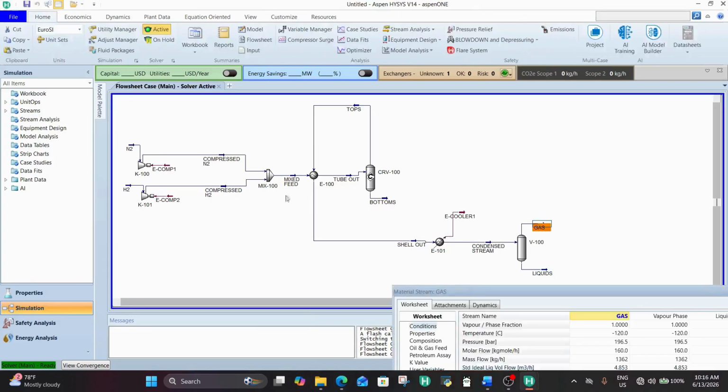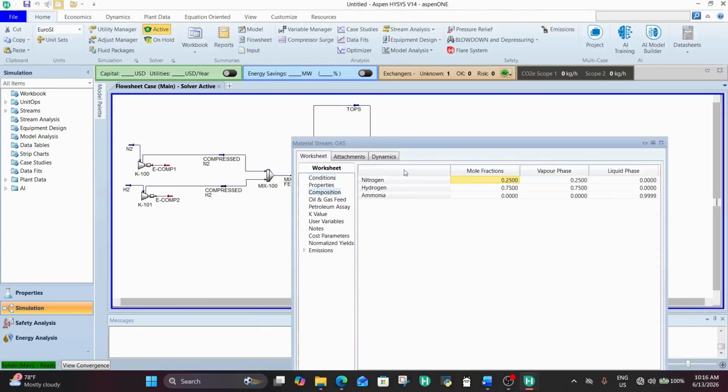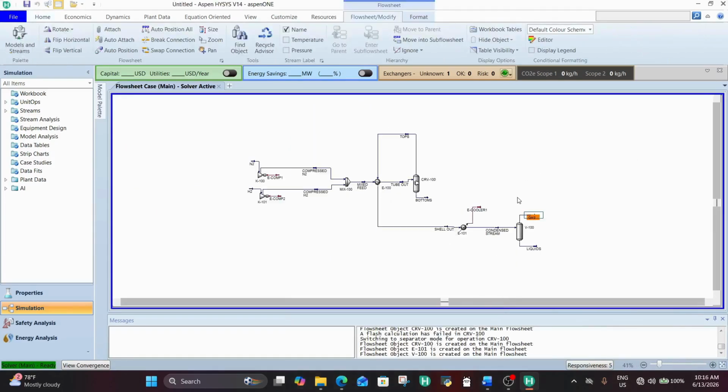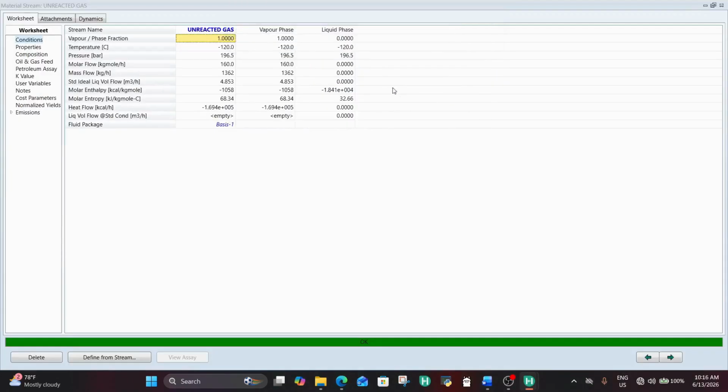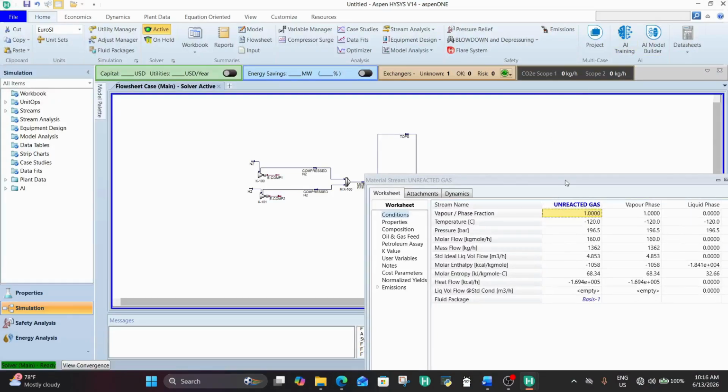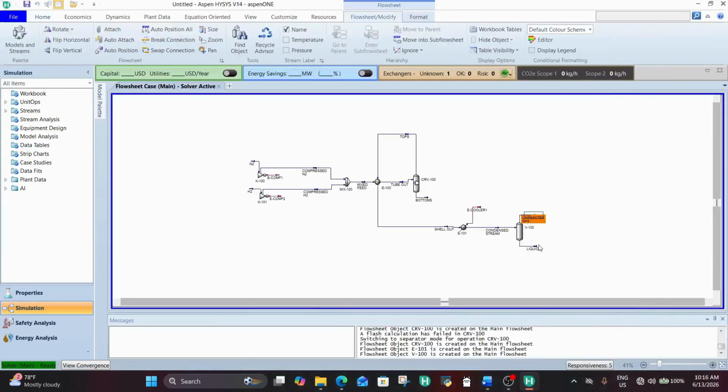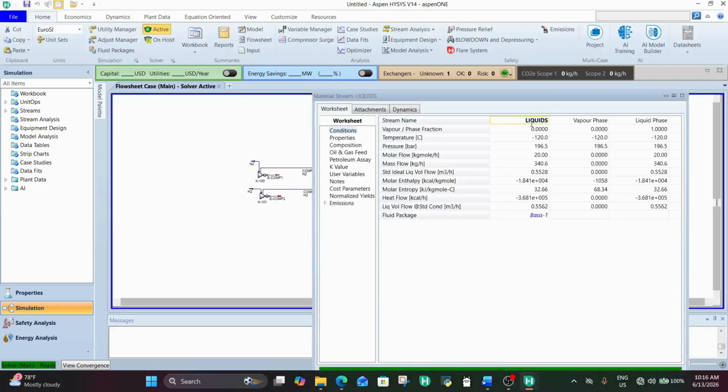And at the top here, are we completely left with unreacted gases? Yes, we are. So let's properly name this stream unreacted gas, and the bottom we will call our ammonia, NH3. Good.